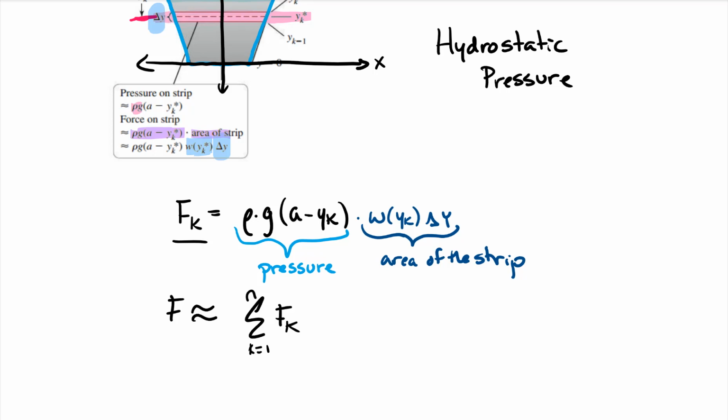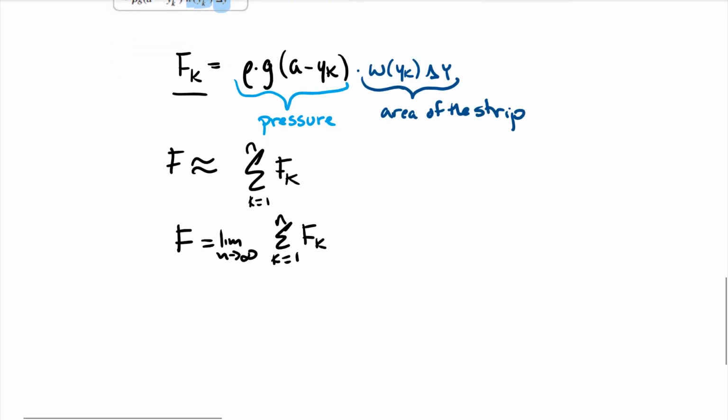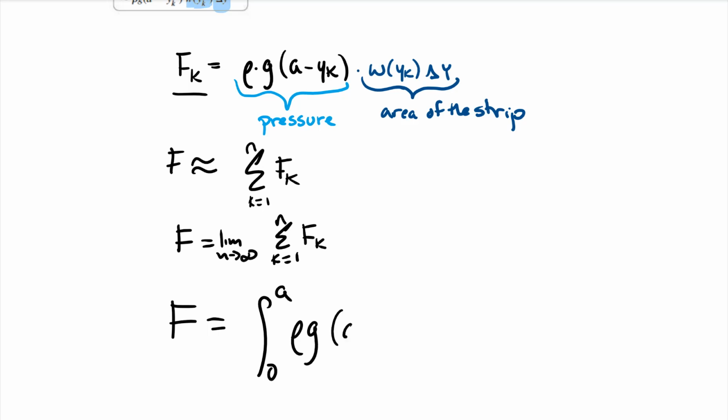So the force is equal to the limit as n tends toward infinity of the sum from k equals 1 up to n of our force for one strip, which tells us the force is equal to the integral from 0 up to the top of rho g, those constants, times A minus our y value, the depth, times the width, dy.